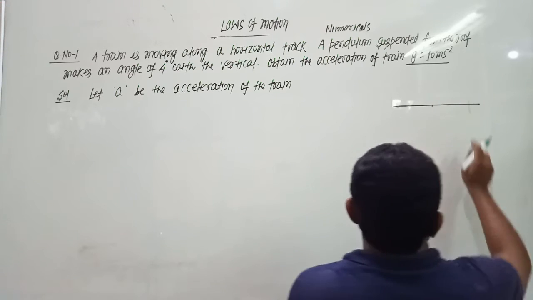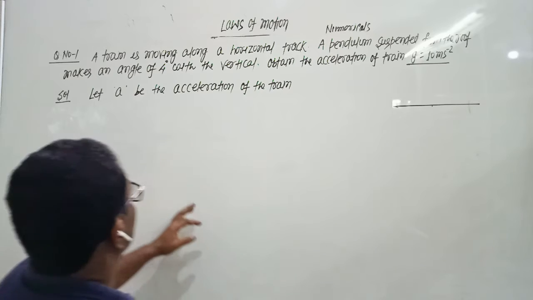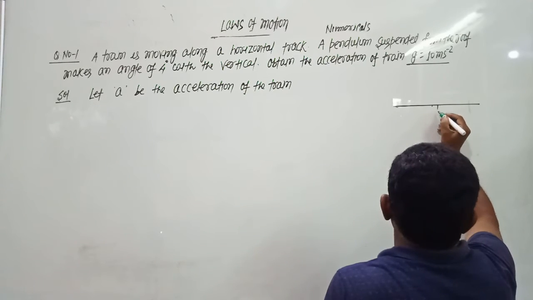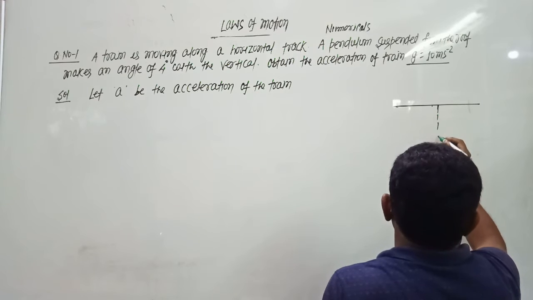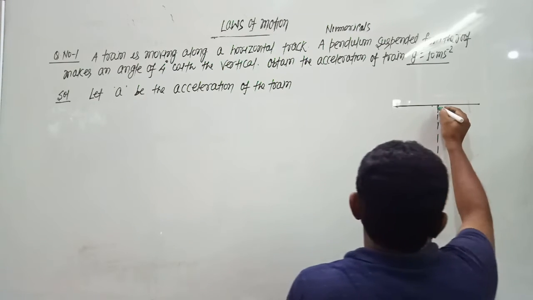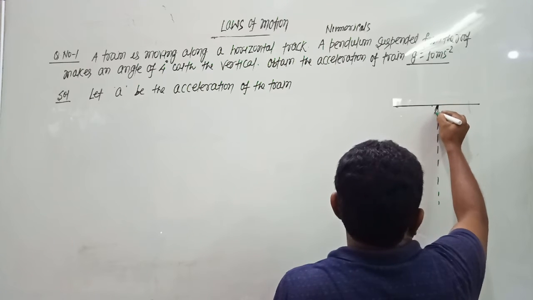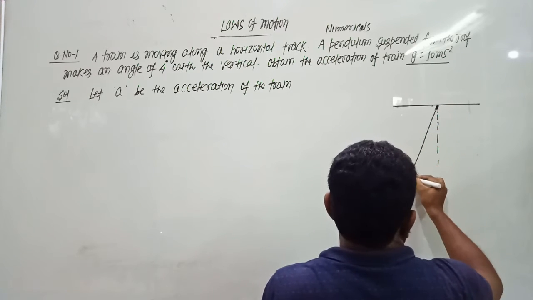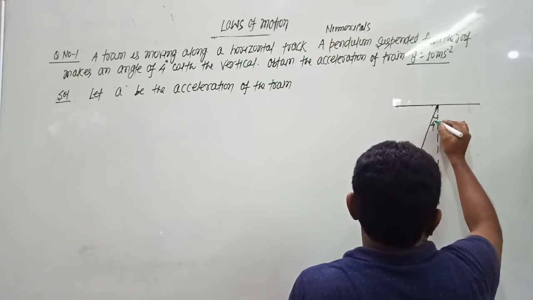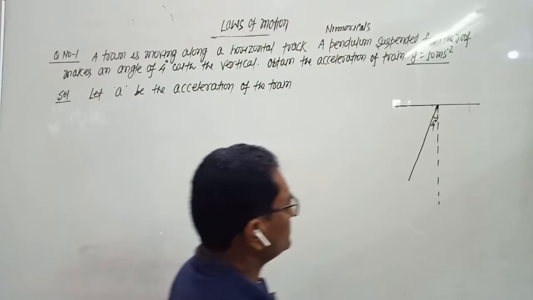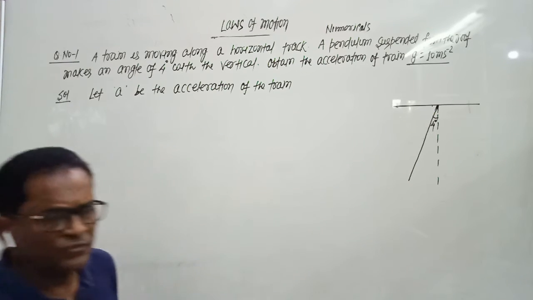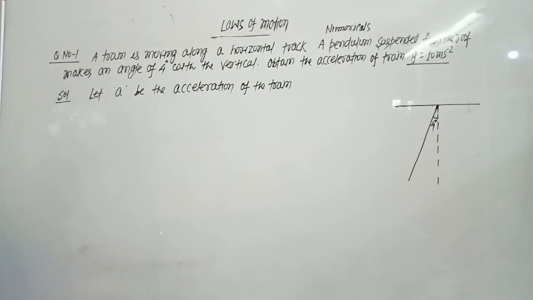This is the roof, and the pendulum suspended from the roof makes an angle of 4 degrees with the vertical. This is the vertical line, and the pendulum is making an angle of 4 degrees with the vertical.